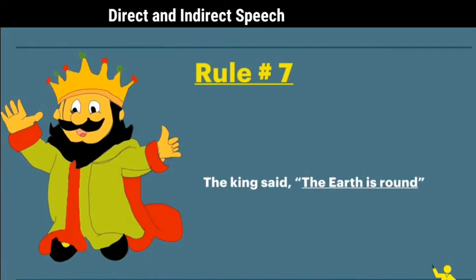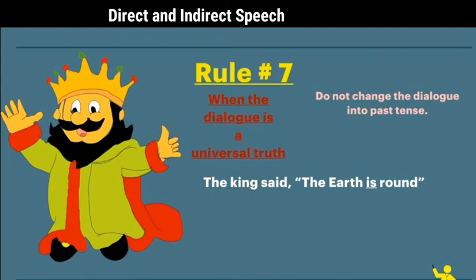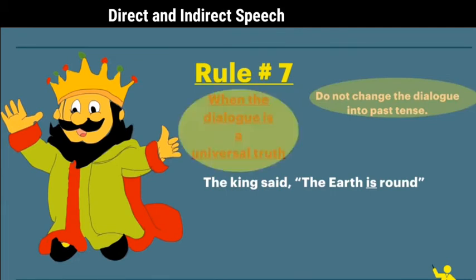Like the earth is round. Yesterday also the earth was round. Today also the earth is round. So we cannot change such sentences. So the quoted word should not be changed. It will remain same.